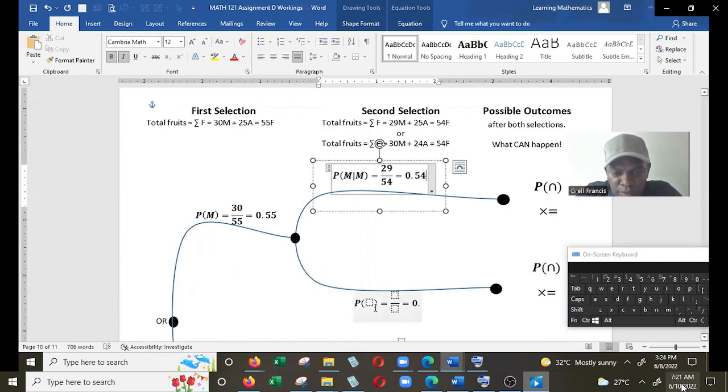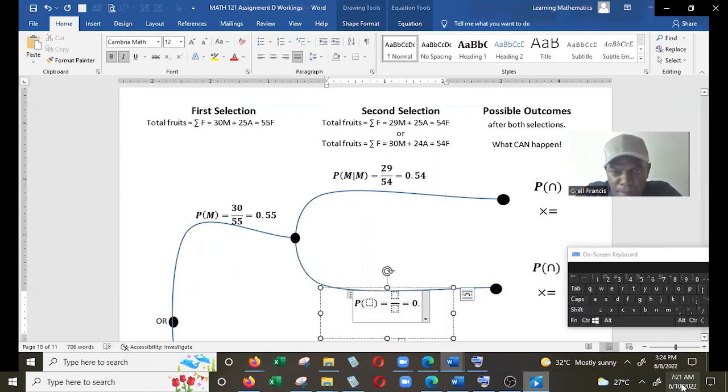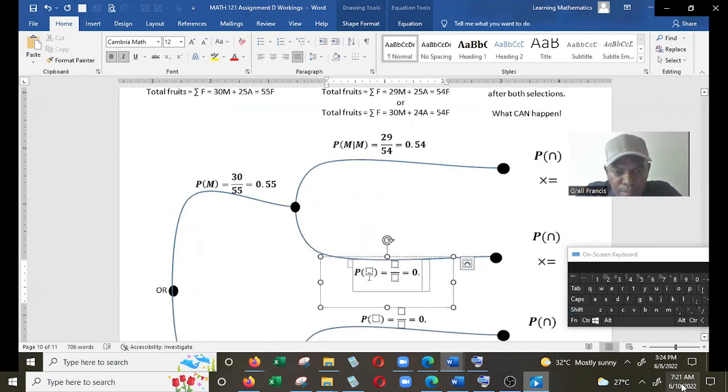Okay. Here, what did you put there? All right. Apple after a mango, because mango happened first. So that's why mango has to come after the word after.